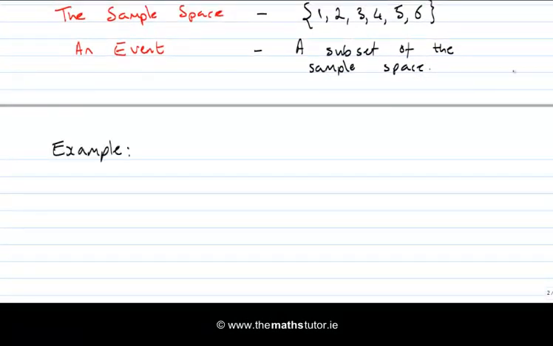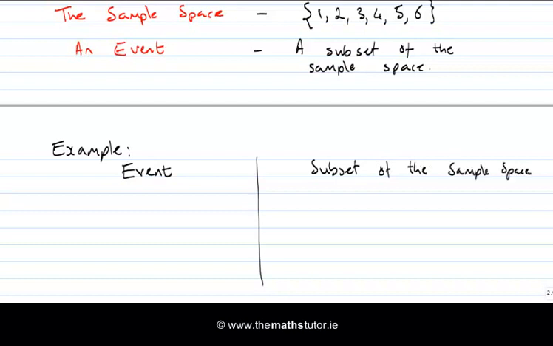To explain why we say events mean subsets of the sample space, let's look at some normal descriptions of events and write down the corresponding subset of the sample space. I'll make a table, and on this side I'll have an event, and here I'll put the subset of the sample space.